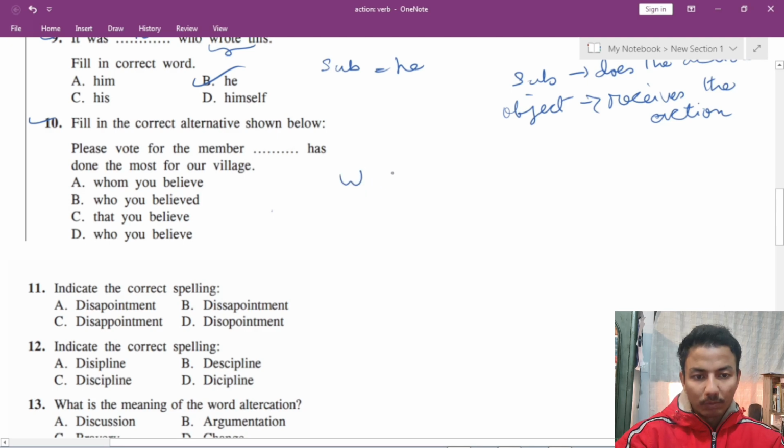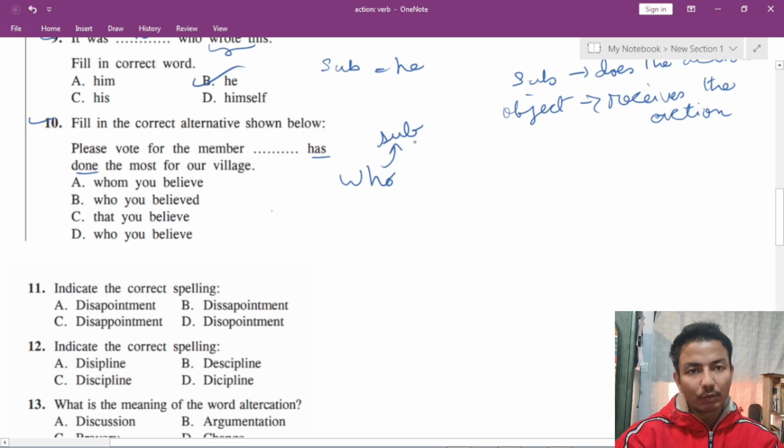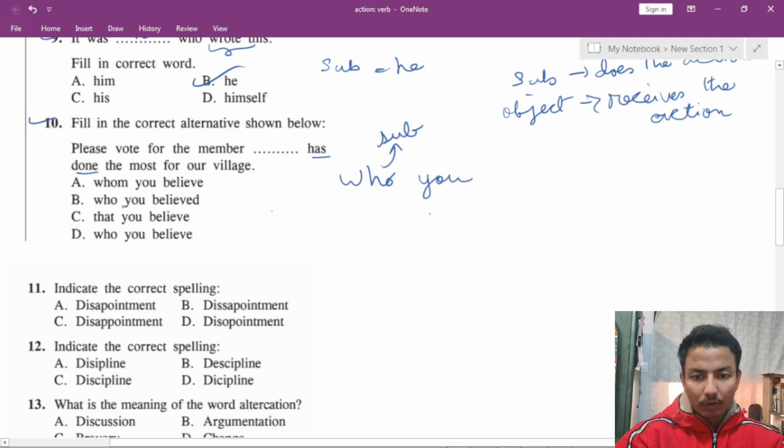Who will be the subject? Because here we are talking about "has done". So who will do the "has done"? The subject will do the action. So the subject will come first. That is "who". You will be there for all.